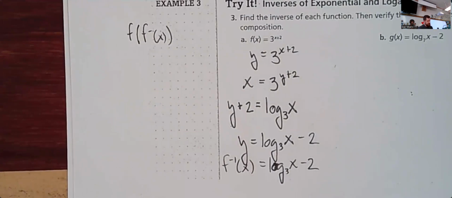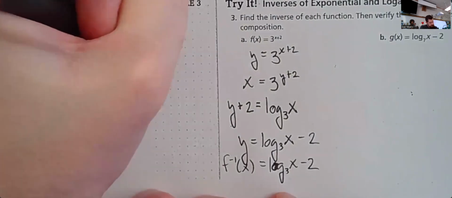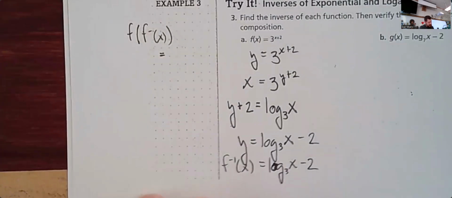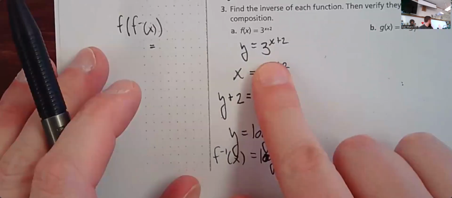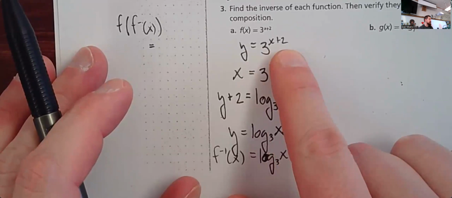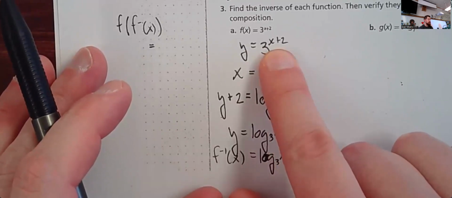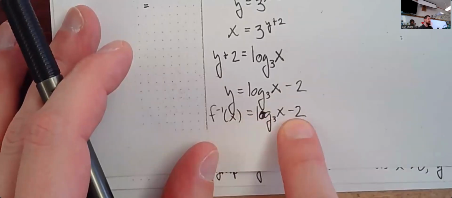And that is going to equal, I didn't leave myself enough room there. That's going to equal, I'll just bring it down a line. The original function, 3 to the x plus 2, but instead of x, we are going to replace x with the entire inverse function.